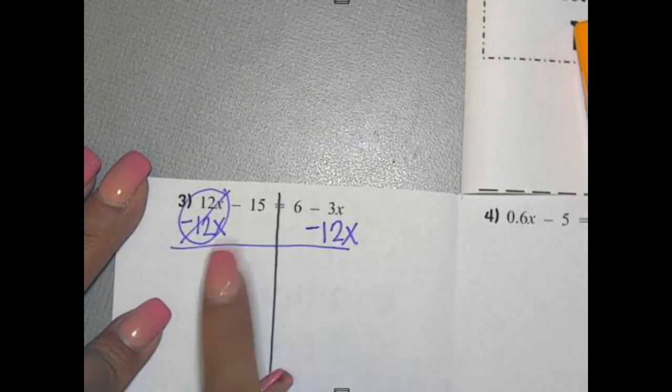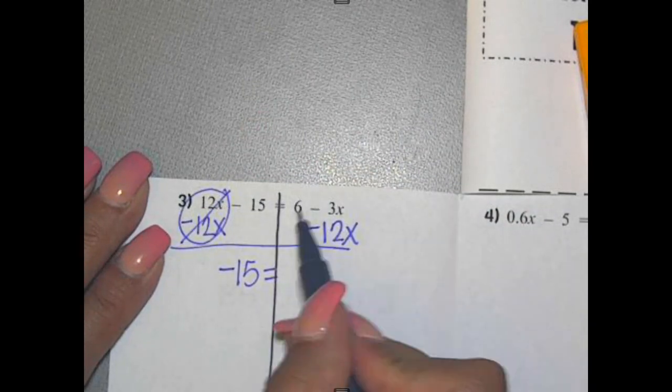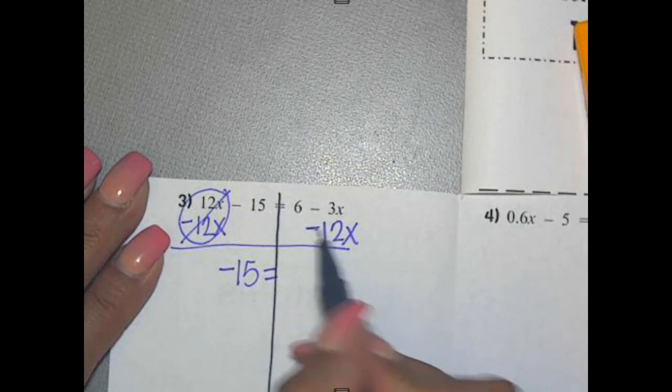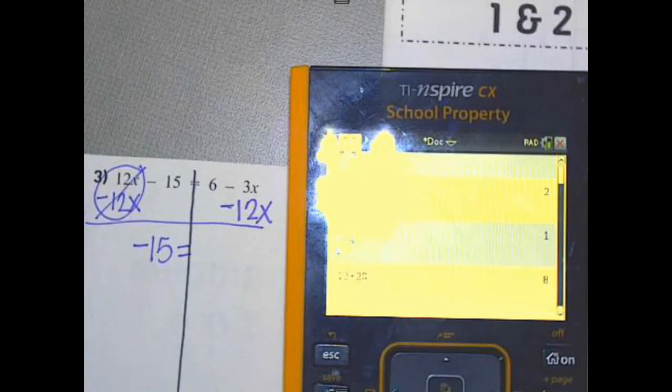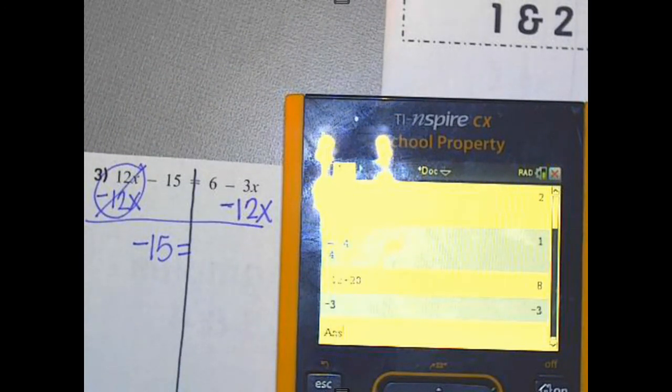So here's my 0 pair. So on the left side here, I'm left with negative 15 equals, now I have to do negative 3 minus 12.